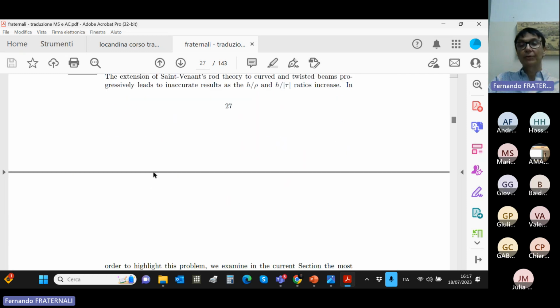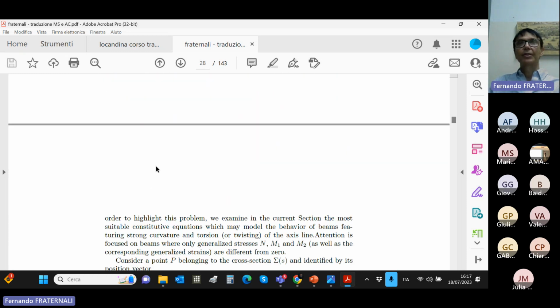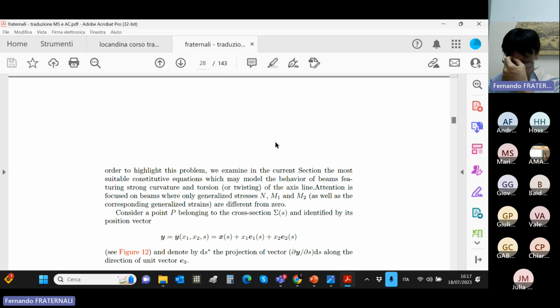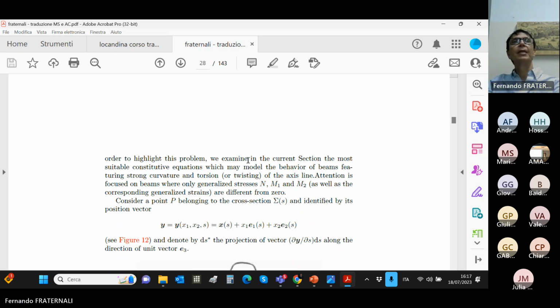We have to obtain constitutive equations that account for the finite curvature of the beam. This is more involved, and so we have to obtain from scratch the constitutive equations of the curved beam. We cannot extrapolate them from the theory of the straight beam.